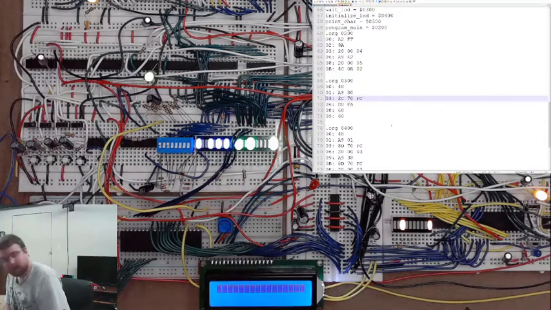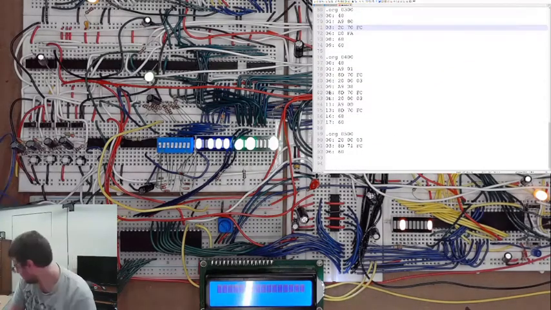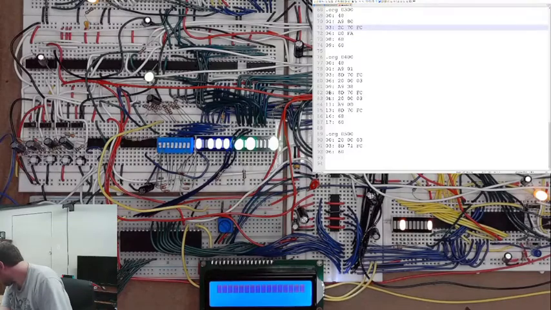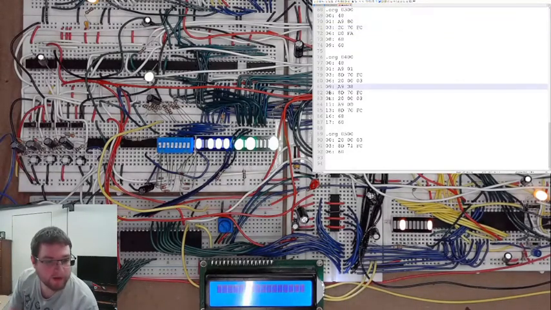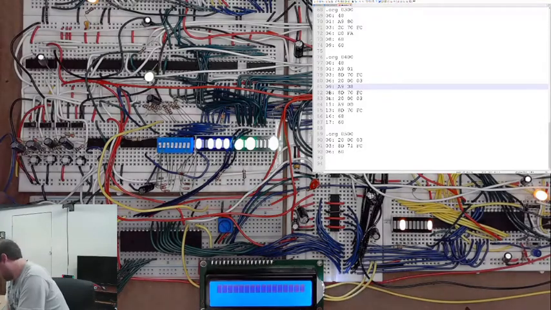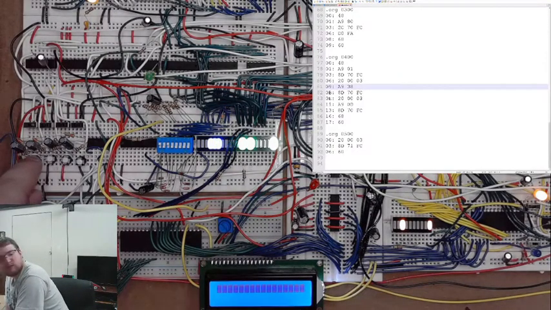Now we are back here at 8 9. We're here. This is all correct. Okay, and then it's gonna load that one. Then it's gonna load 8D is what this should be.